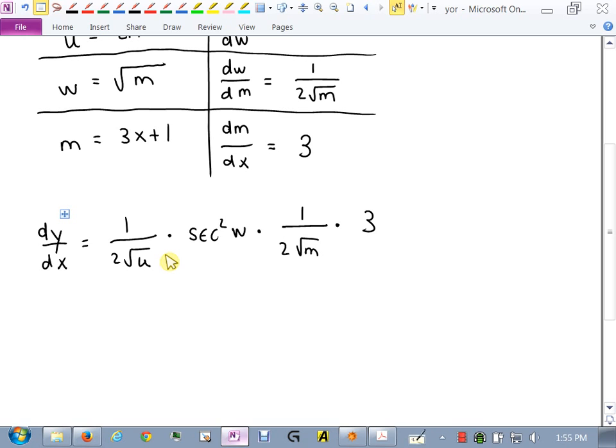Let me see here. Y is equal to x squared plus 1, squared, over x cubed minus x minus 4, cubed.